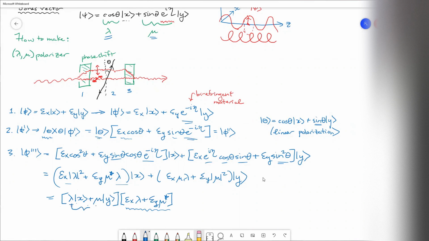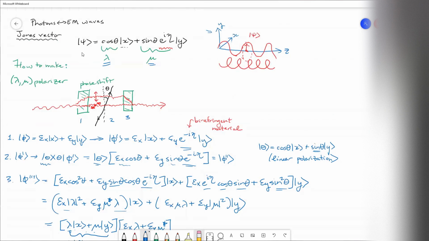This is arbitrary polarization, right? That's what we wanted to show, that we can generate an arbitrary polarization. With this one device, you can construct any kind of polarization you want, linear, circular, whatever you want, a general vector of this form, psi.